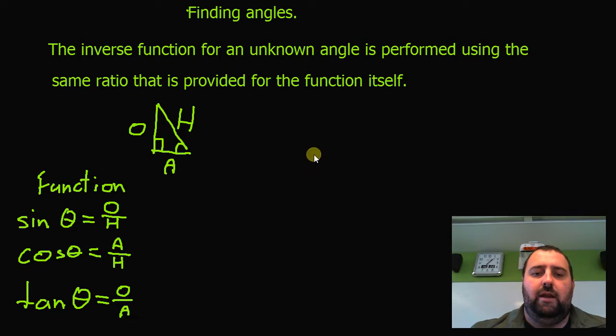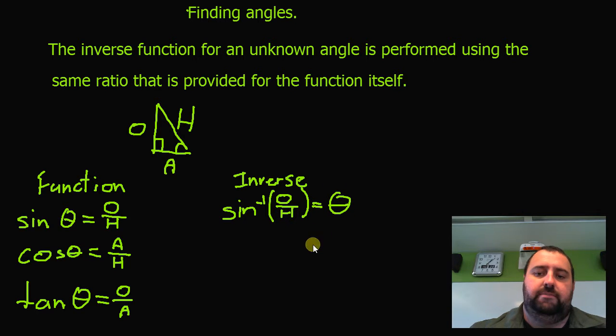So for each of the three, now over here, next to it, I'm going to write the inverse, all right? So this inverse is essentially the rule that I'm going to use to find the given angle in any situation. So if I were to be using the sine rule, the inverse of the sine rule says that inverse sine of that same ratio, O over H, gives me theta.